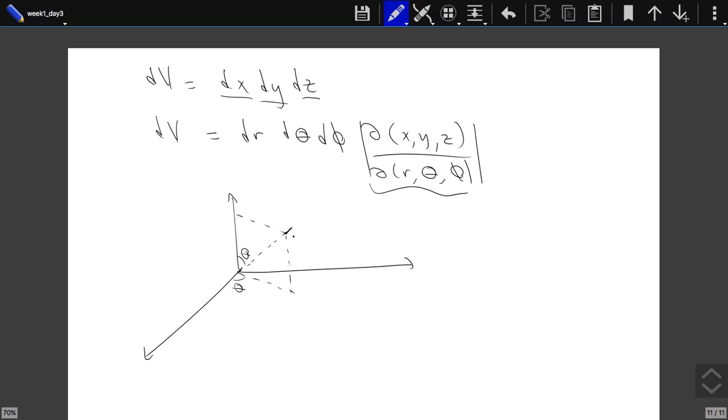That is dr. Then we can change the theta coordinate slightly. We will have an arc. It will change in the opposite direction. So this length is dr, this length is not d theta, it's r d theta.